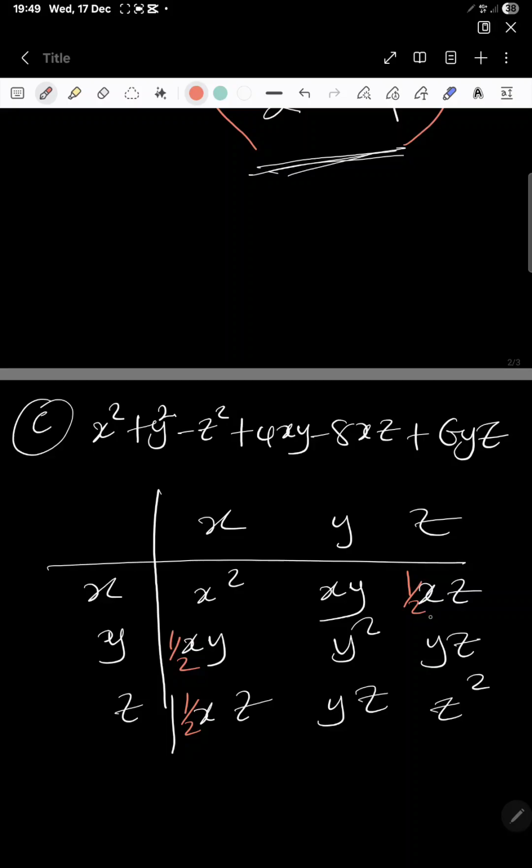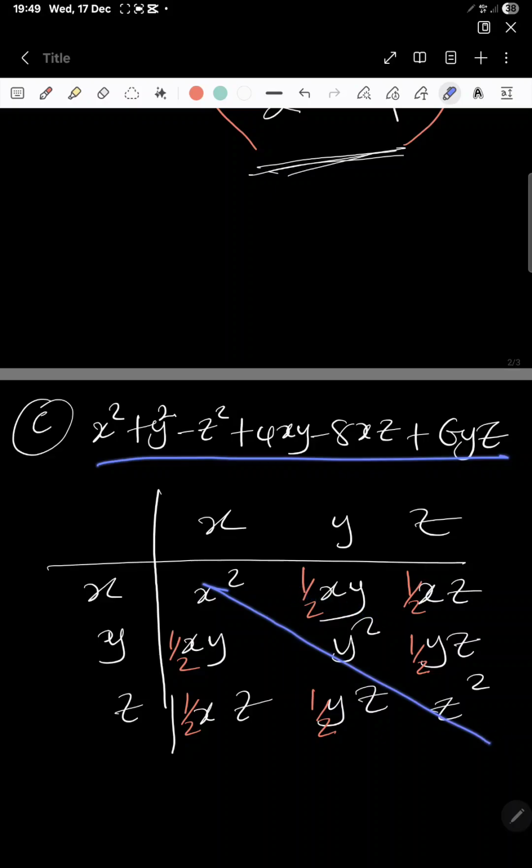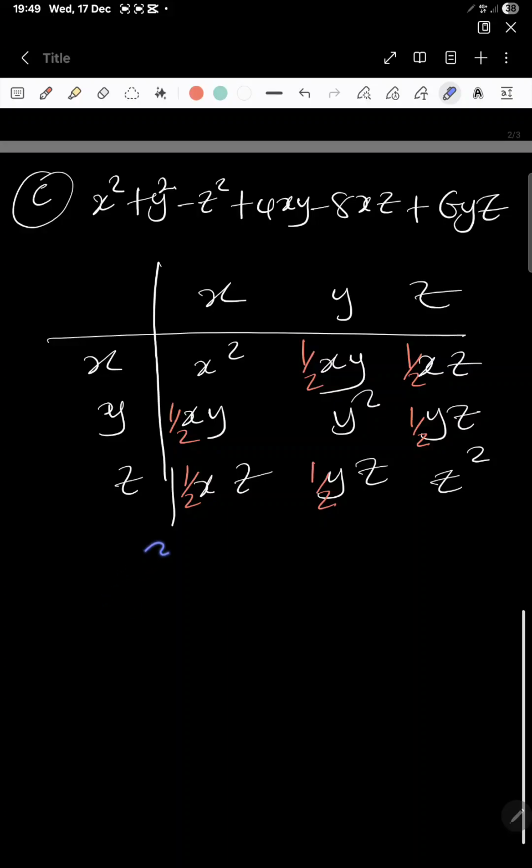Then this also by that, this also by half. So that means those elements which are in the major diagonal, pick them the way they are from the question given there and put them in the major diagonal. Then those others should make sure to divide them by what? By half.